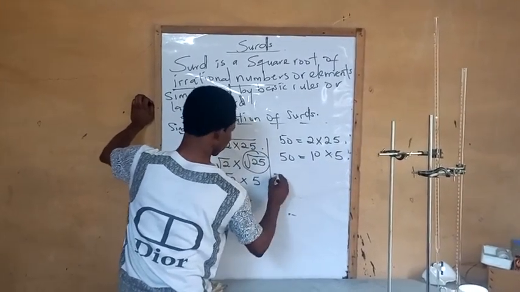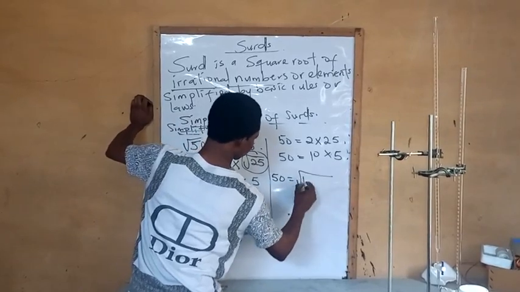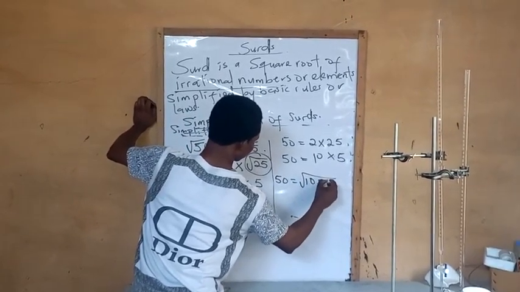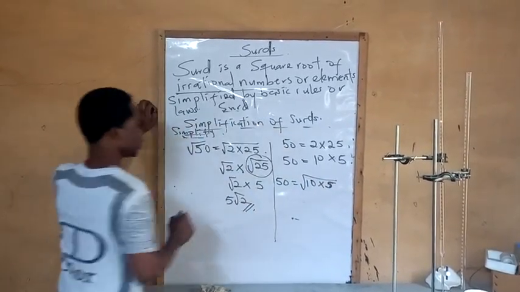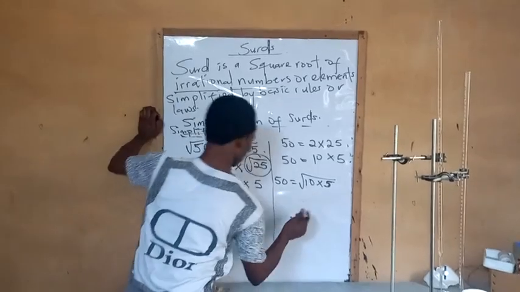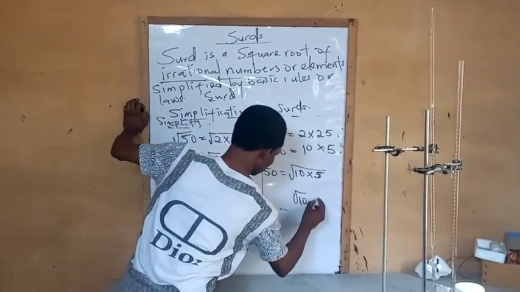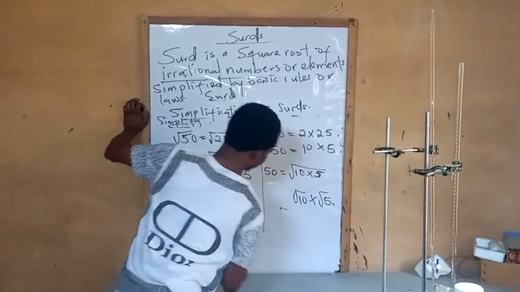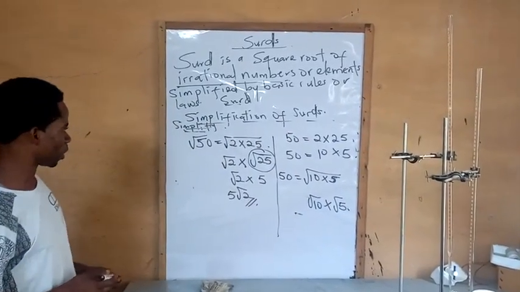50, if you want to say 50 equals root of 10 times 5, this one cannot work as easily, because if you say root 10 times root 5. Are you getting what I'm saying now?